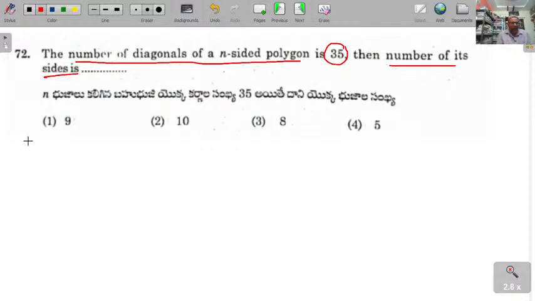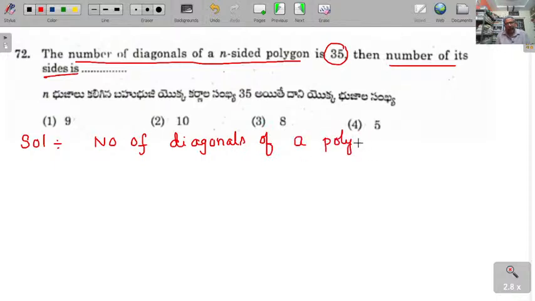So my dear students, first we find the formula. The number of diagonals of a polygon which has n sides, an n-sided polygon, is given by the formula n times n minus 3 by 2.